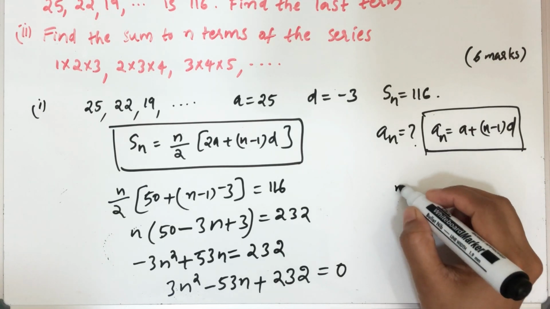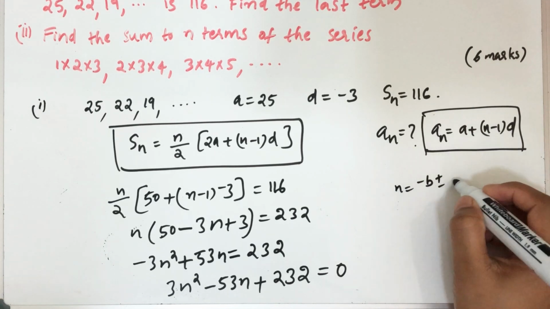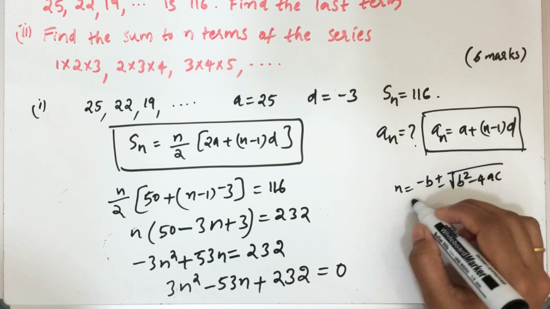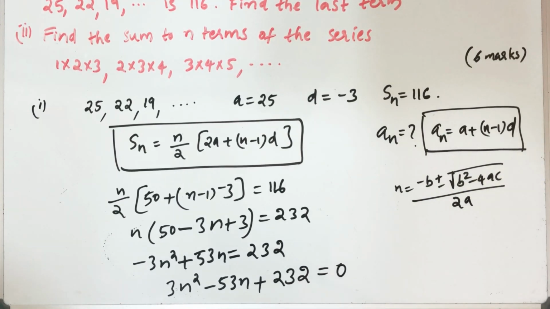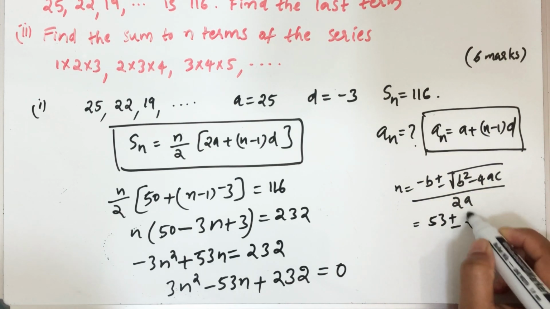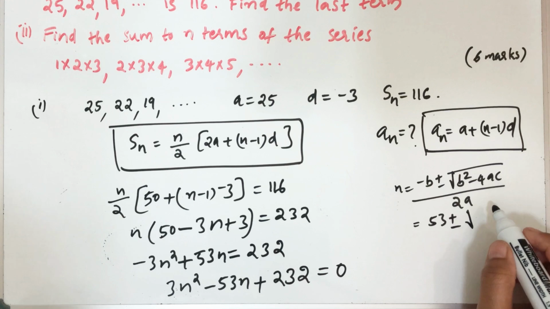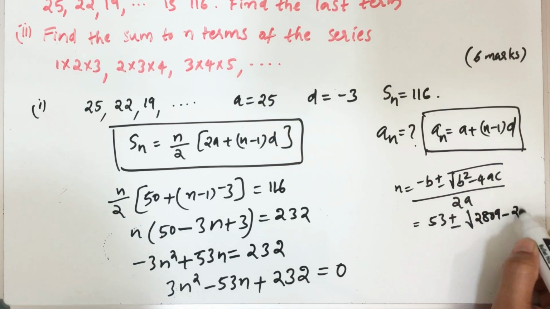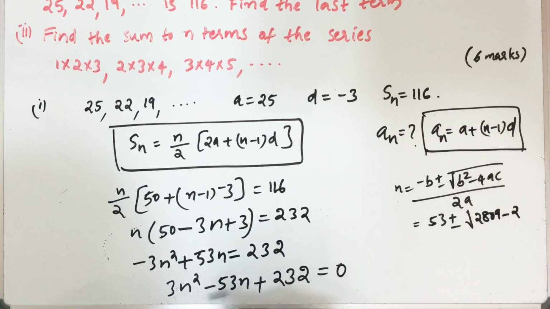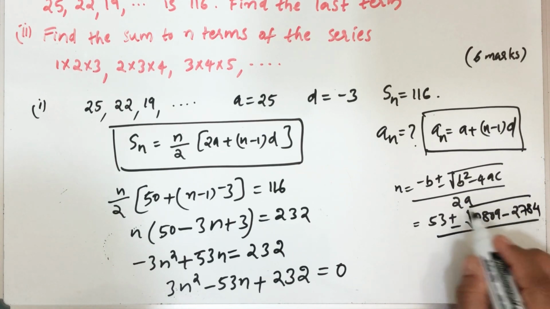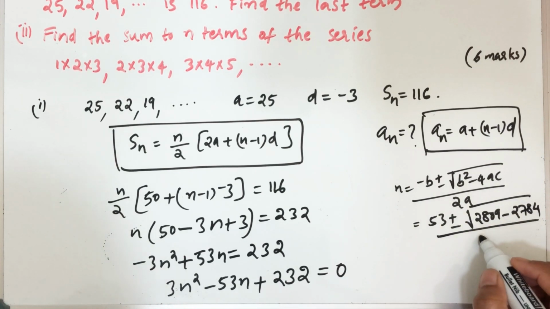We can find n is equal to minus b plus or minus root of b square minus 4ac by 2a. That is, substitute. We get 53 plus or minus root of b square, 53 square is 2809, minus 4ac is 4 into 3 into 232, that is 2784, by 2 into a, 2 into 3, 6.